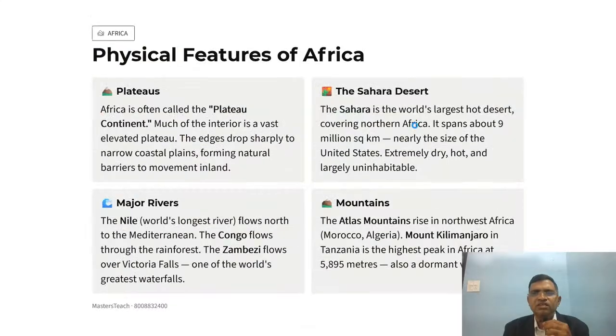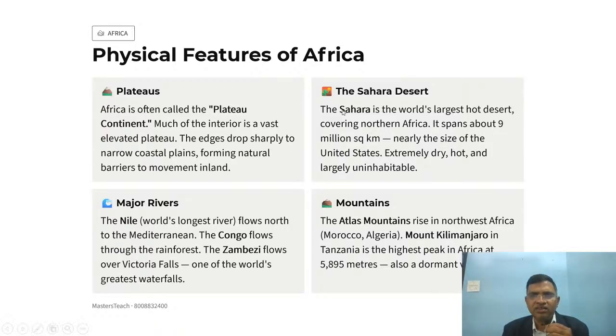Then we'll see one more thing: physical features of Africa. It has plateaus, the Sahara Desert, major rivers and mountains. Africa is often called the plateau continent, with a vast elevated interior plateau that drops sharply through narrow coastal plains, forming natural barriers to movement inland.